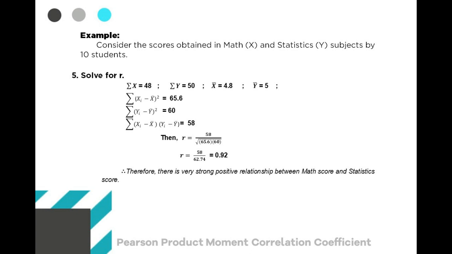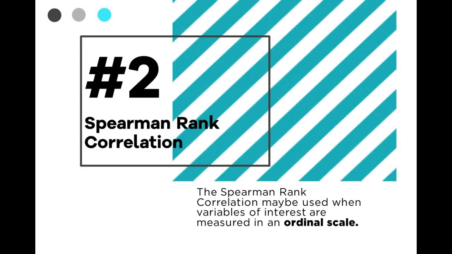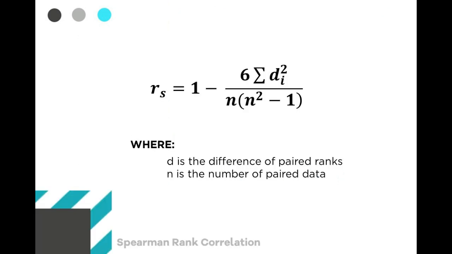Okay, next we have Spearman's rank correlation. So it is important to note that the Spearman's rank correlation may be used when variables of interest are measured in an ordinal scale. Ibig sabihin, meron tayong order. In Spearman's rank, we use this equation.